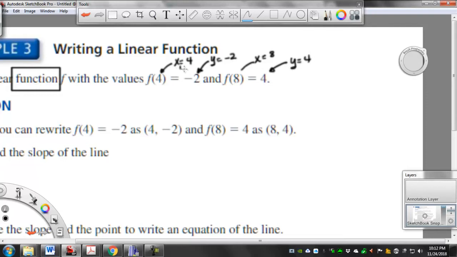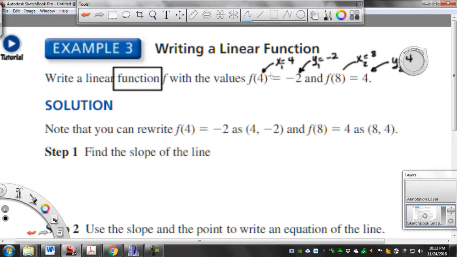So we're going to call this x1, y1, x2, y2. And so what this does give us is 2 ordered pairs. I have an ordered pair of 4 and a negative 2, and another ordered pair of 8 and 4. So just as before, I'm going to use this to find the slope.